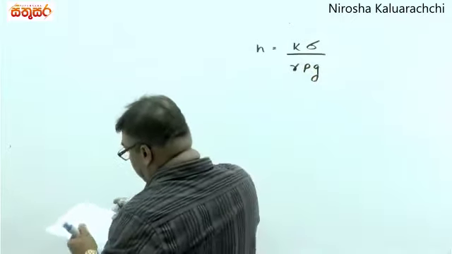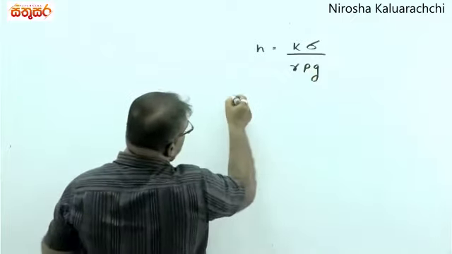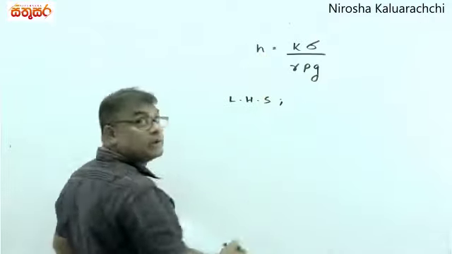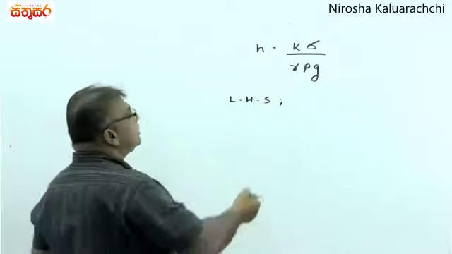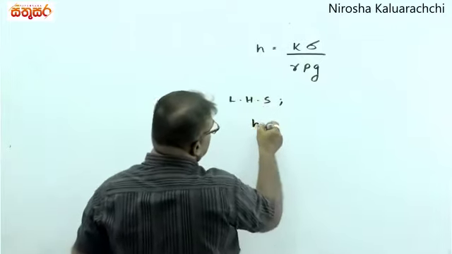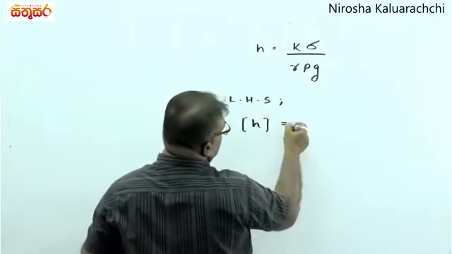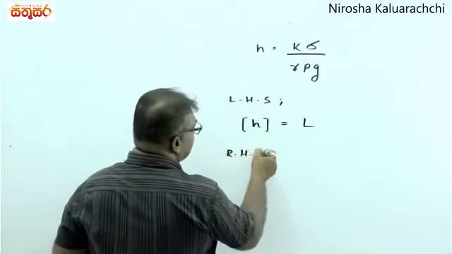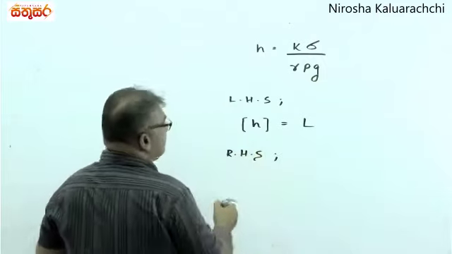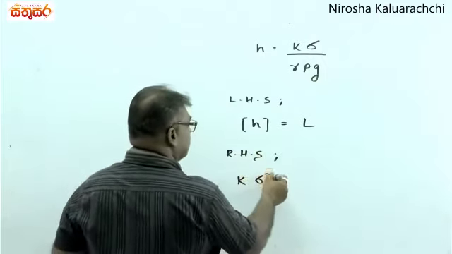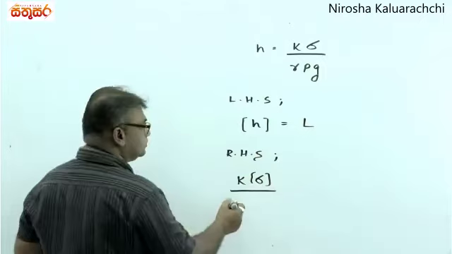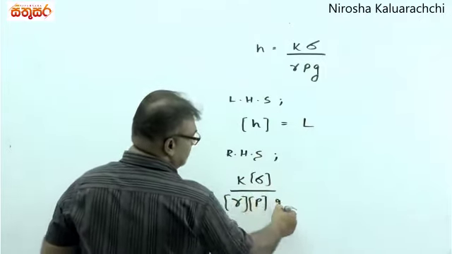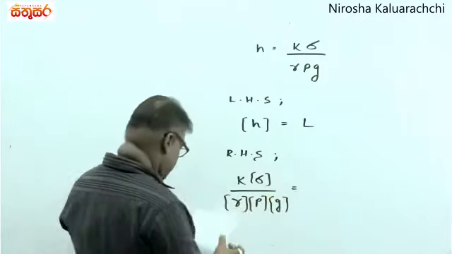Checking the dimensional validity. We are considering left hand side dimensions. Left hand side we have H. Dimension of H is L. Then considering right hand side dimensions, K sigma over r rho g. Substitution.